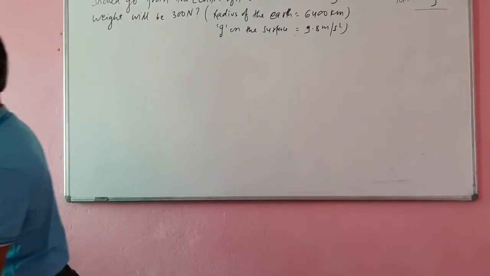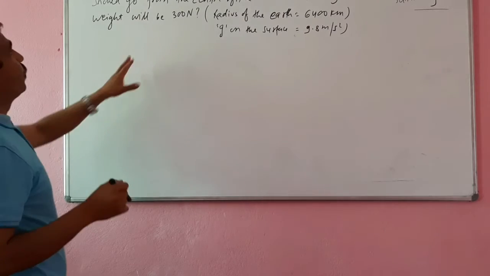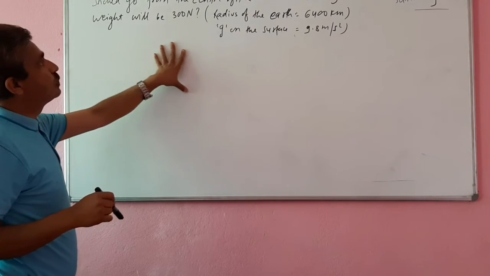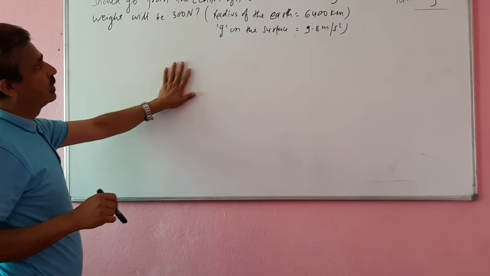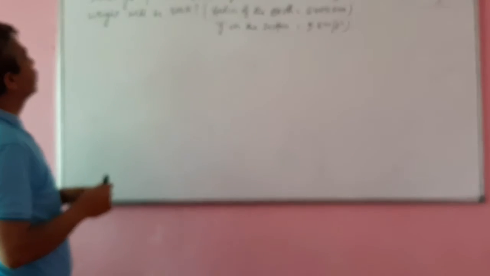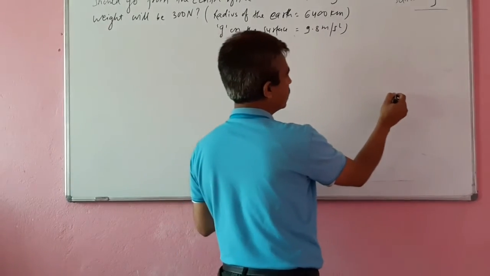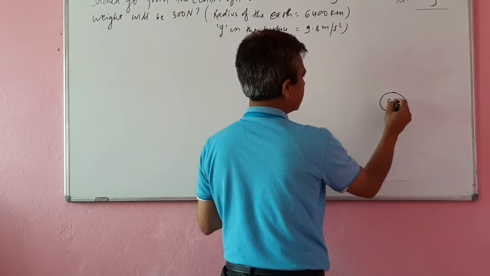Okay students, this is the next question. If you weigh 588 Newton on the surface of the earth, how far should you go from the center of the earth so that your weight will be 300 Newton? Just make one figure. Suppose this is the earth.